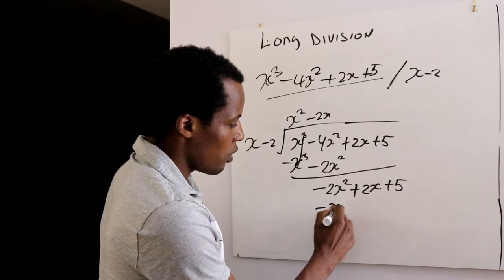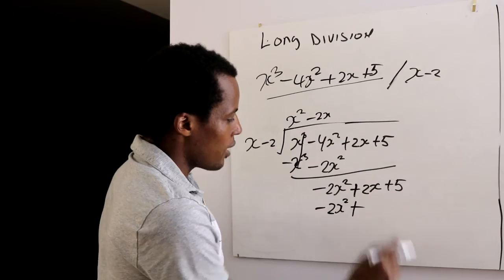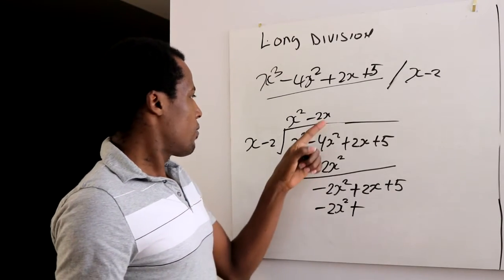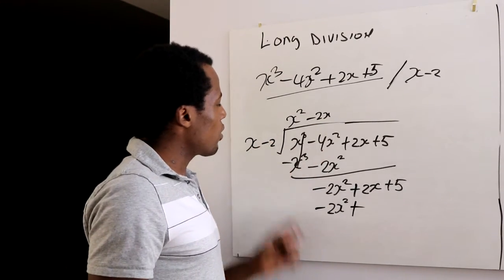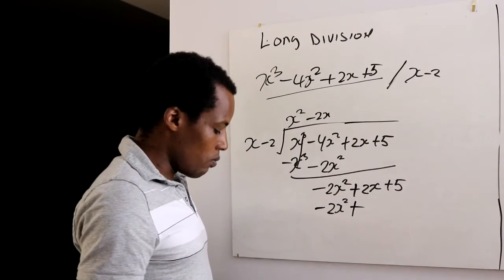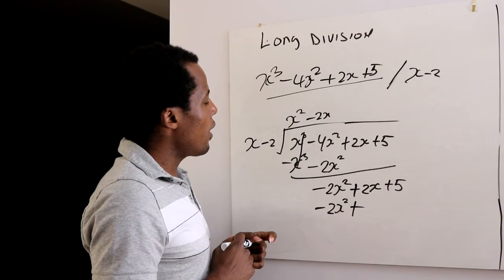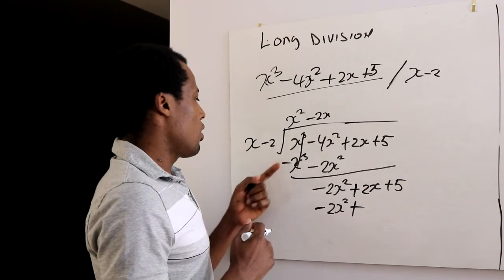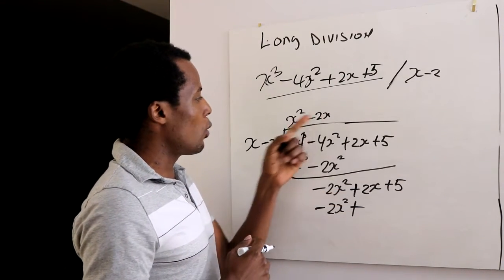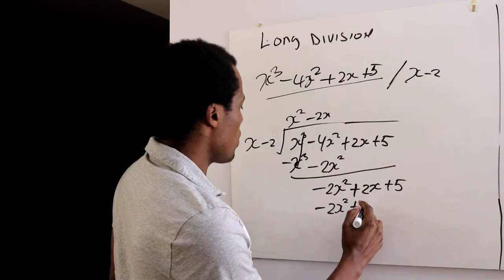Then minus 2x times minus 2 is going to be plus 4x, because it's positive when there are 2 negatives.